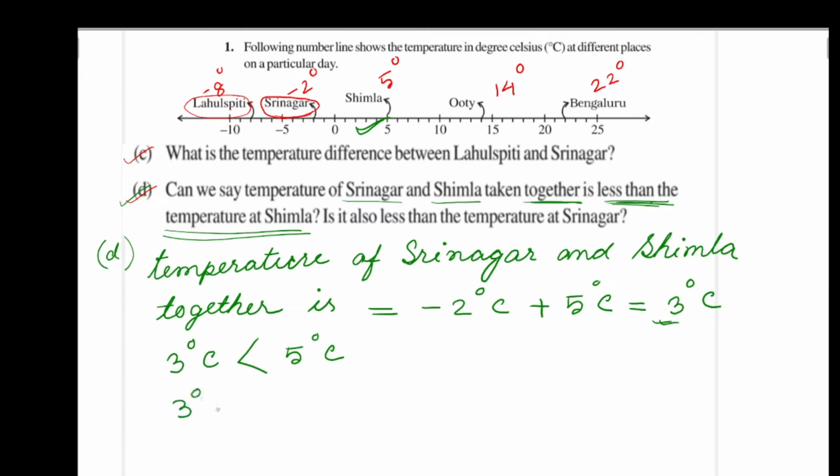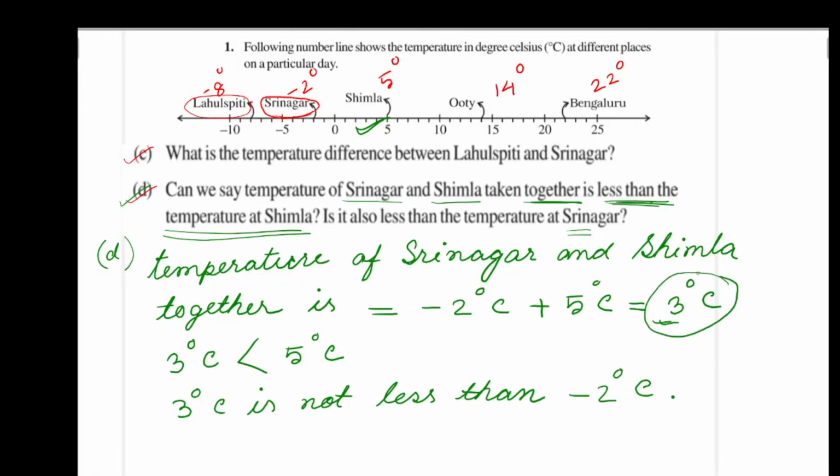So, 3 degree Celsius is not less than minus 2 degree Celsius. That means the temperature of Srinagar is only smaller than the temperature of Srinagar and Shimla together.